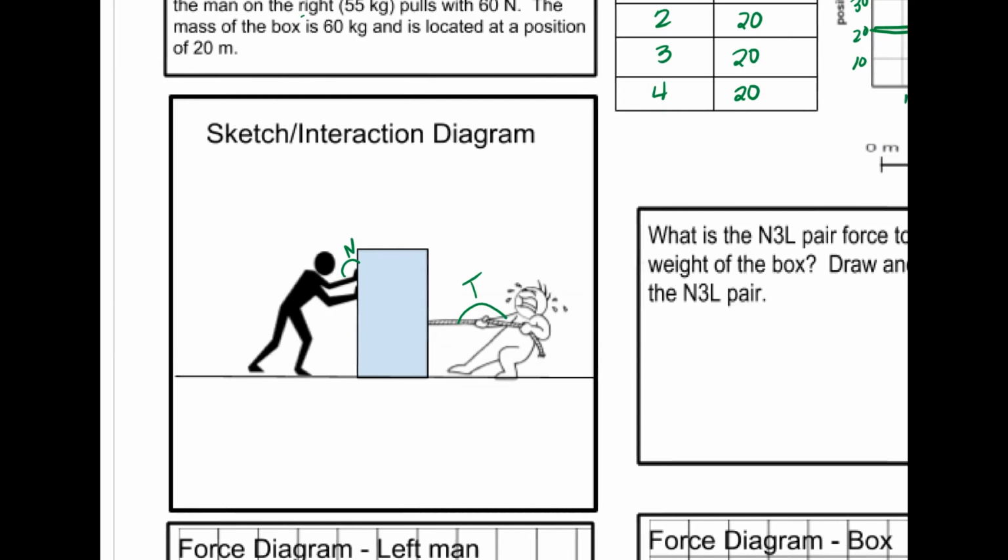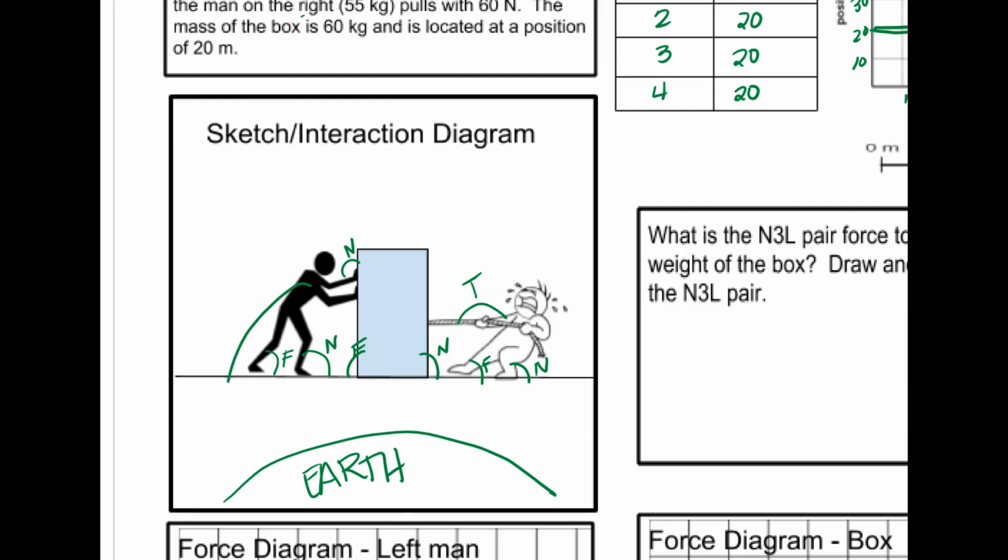Okay, and so we'll draw our interaction diagram. The left man has an interaction with the floor as a normal force and a friction force. The box has an interaction with the floor, a normal force and also a friction force. The person also has a normal force and a friction force.